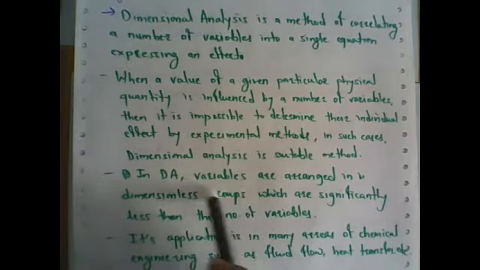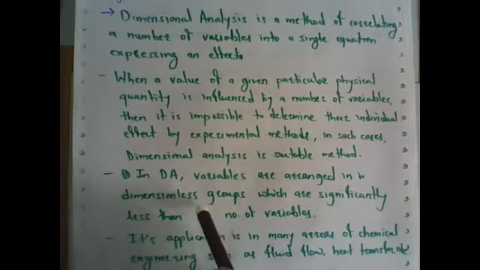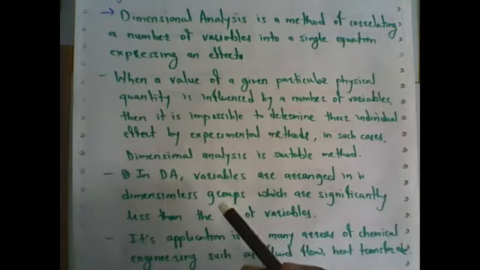If we convert these variables into fewer dimensionless groups, then it is simpler to do the calculations, or to judge the effect of a particular dimensionless group or a particular parameter on the experiment's results. So this is the main application.